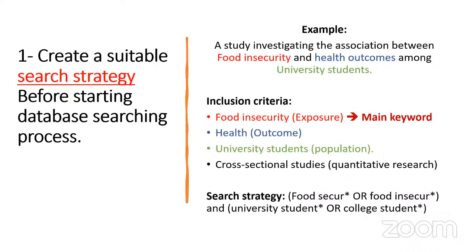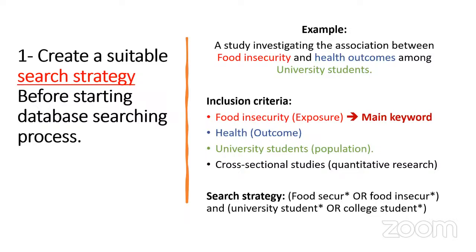But before we do all these steps, we need first to create a suitable search strategy. So in this example, a study investigating the association between food insecurity and health outcomes among university students.